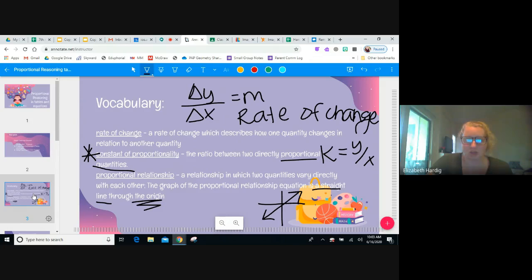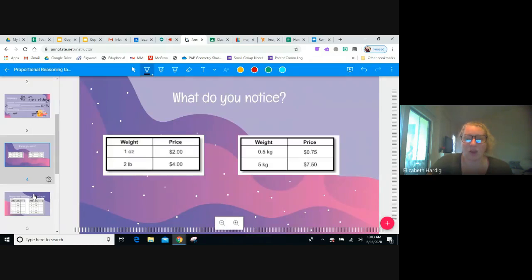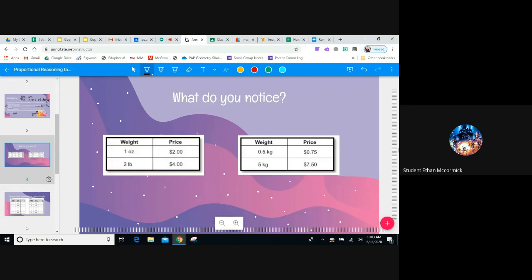No. Awesome. Great. So the first thing right off the bat, when you look at these 2 tables, what do you notice between them? The one OZ is different from the 2 IB.